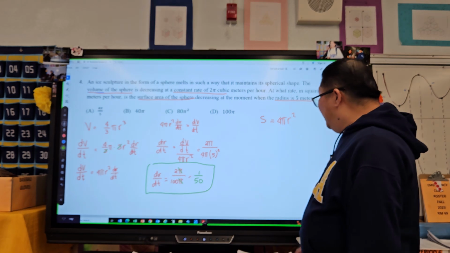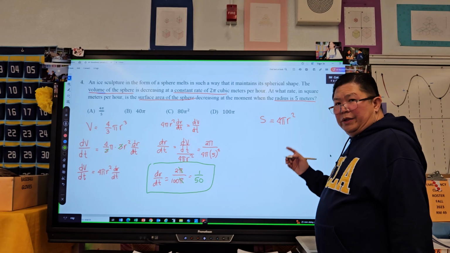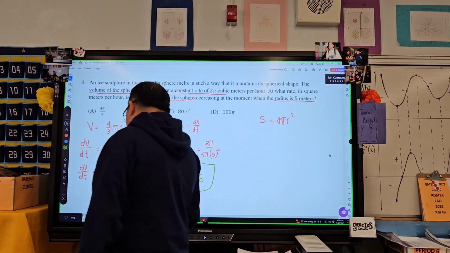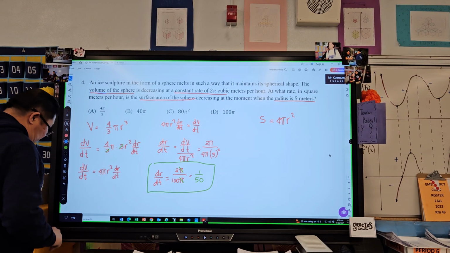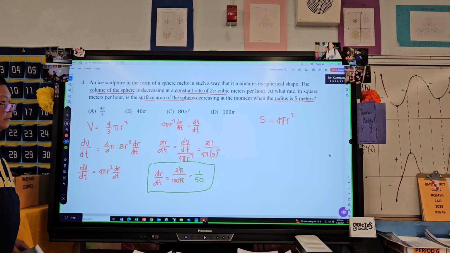Next, we now do the surface area. For surface area, we say 4 pi r squared.